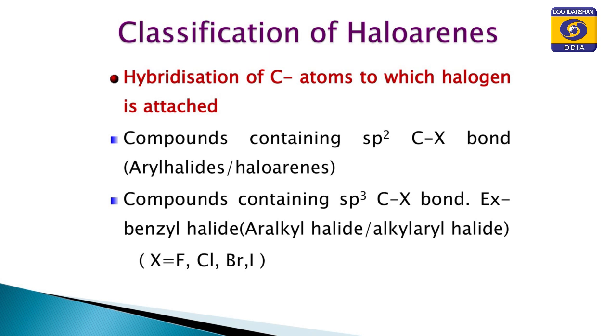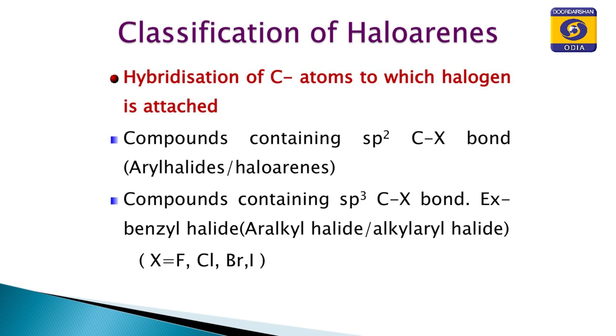Like haloalkanes, in haloarenes the classification is also based upon the hybridization of the carbon atom to which the halogen atom is attached. You know that in benzene the carbon atom is sp2 hybridized, but consider the case of toluene. In toluene, the CH3 group is attached to the benzene nucleus.